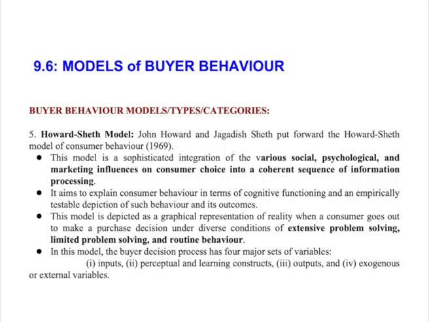Then we move to the 5th model, which is the Howard-Sheth model. This was designed in 1969, and this is a well known model of consumer behavior. So, here various intricate elements have been factored in, whether it is psychological or social or even marketing influences that can decide or influence a consumer's purchase decision.